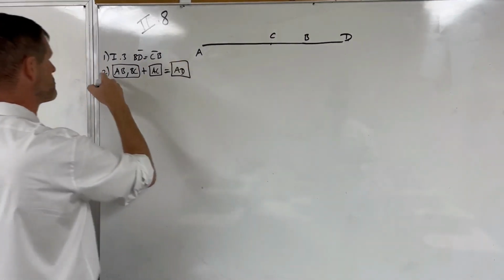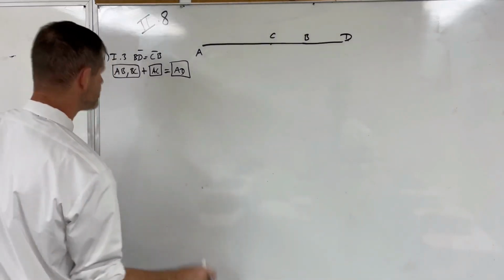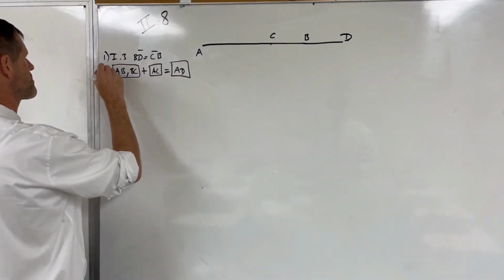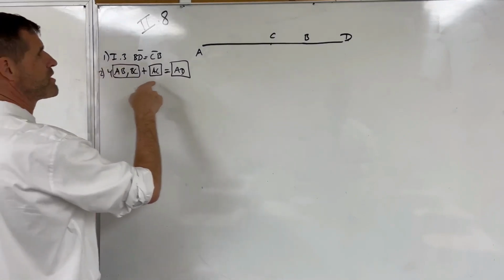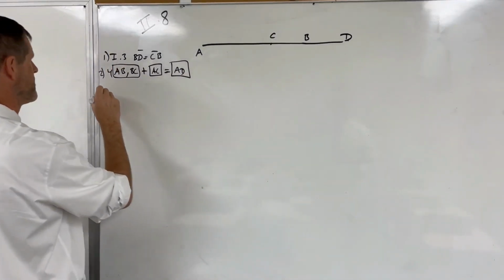Sorry, that's 4 times. 4 times the rectangle. So 4 times this rectangle plus the square on AC is equal to the square on the whole AD.